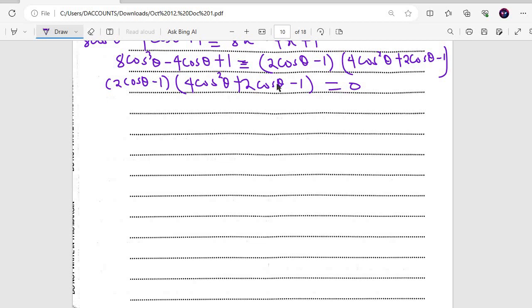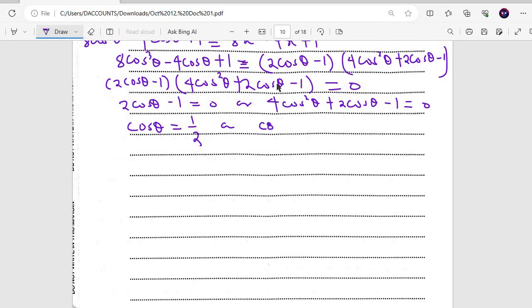So it means 2 cos theta minus 1 equals 0, or 4 cos squared theta plus 2 cos theta minus 1 equal to 0. In this case, cos theta equal to half.